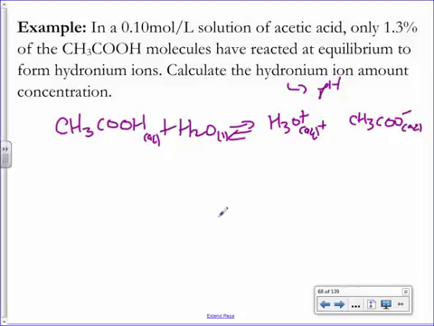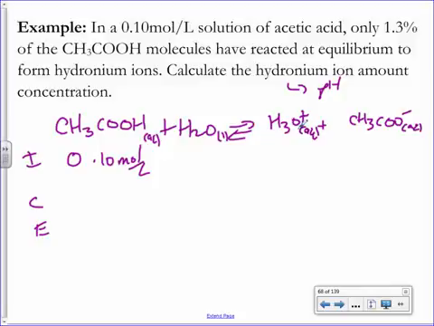Well, if we were to make an ice table, and I'm only going to do this once, essentially what it's saying is that this right here is 0.100 moles per liter. The initial amount of this would be there. If all of it could react, how much hydronium could you make?